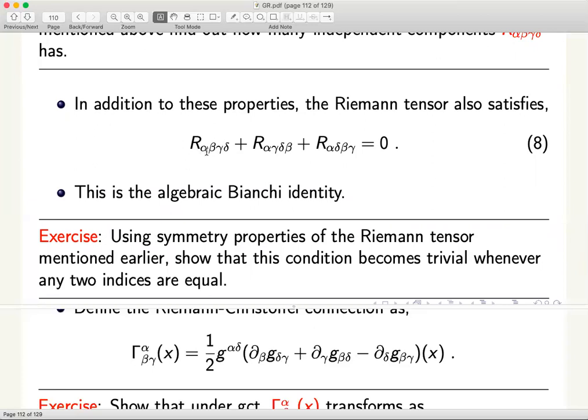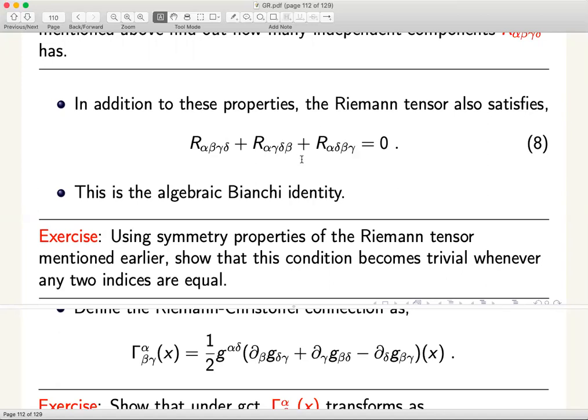But nevertheless, if you choose any two indices and set them equal, now remember, if you set alpha equal to beta here, this would vanish. But if you set alpha equals beta here, this wouldn't vanish because there is no direct symmetry or antisymmetry property between first and fourth index or first and third index.